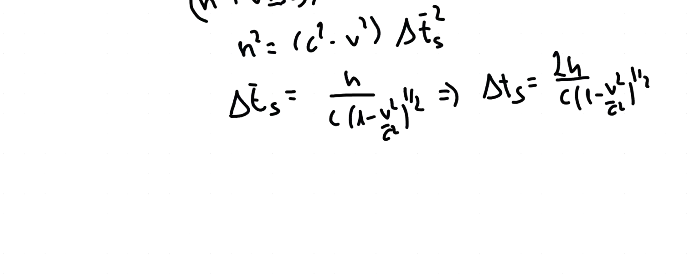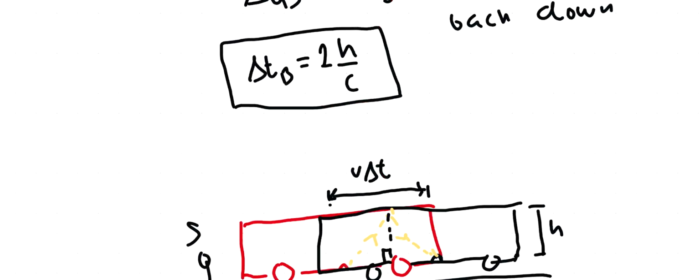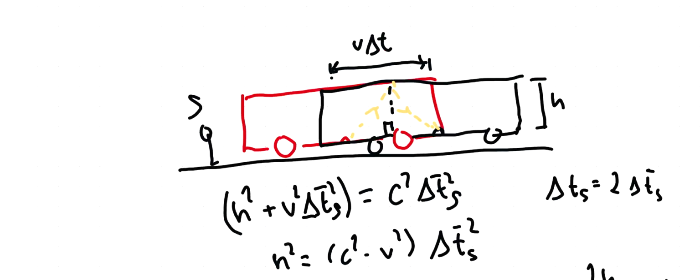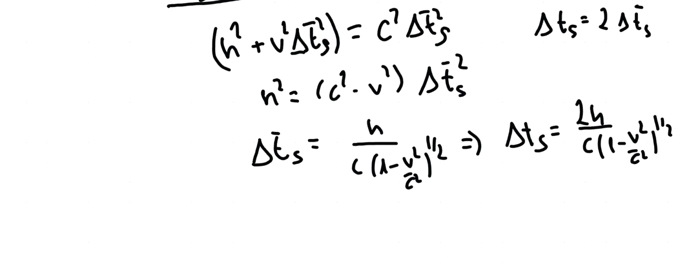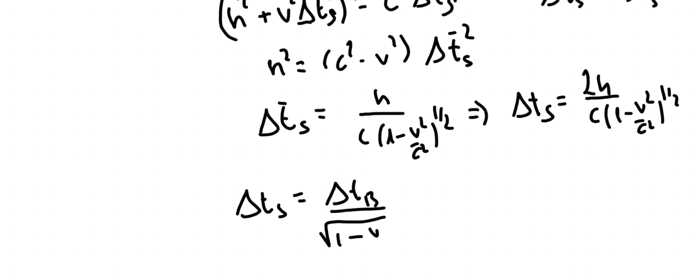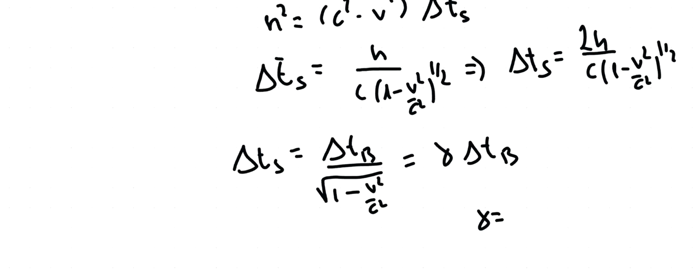If we go back to delta t b, we remember that delta t b took the form 2h over c, which means that we can write delta t s as delta t b divided by the square root of 1 minus v squared over c squared, which can also be written as gamma delta t b, where gamma, since this is so often used in special relativity, has a special symbol.